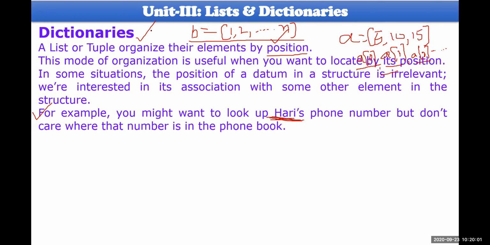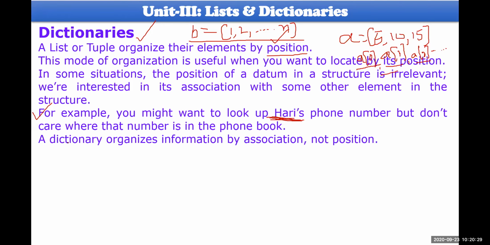Dictionaries are used where position is not required. Of course it may exist, but position is not relevant. It is irrelevant. Then we have to identify one new data type or data structure in Python. That data structure is called a dictionary.